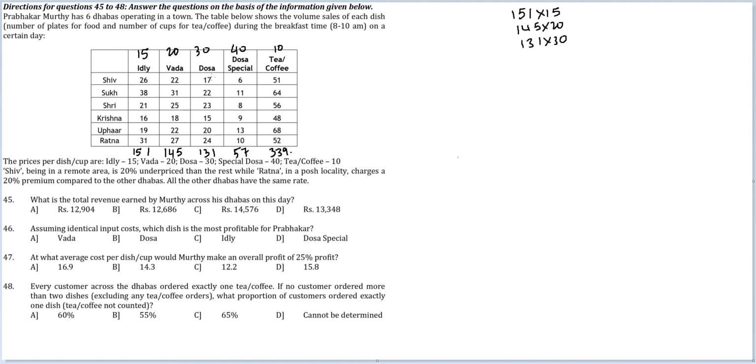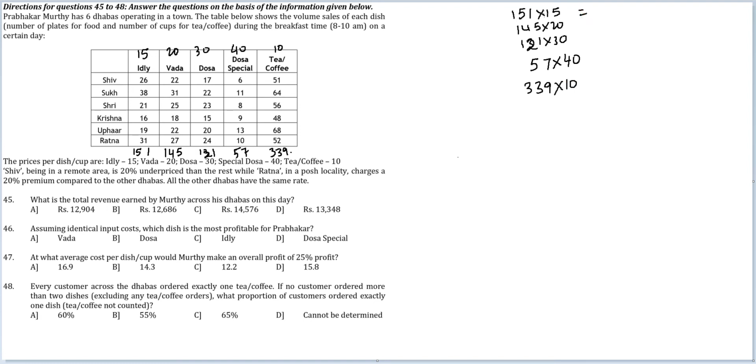Let's see. 7 plus 2, 9, 9 plus 3, 12, 12 plus 9, 1, okay, 2 carried over, 2 plus 1, 3, 3 plus 2, 5, 5 plus 2, 7, 7 plus 1, 8, 8 plus 4, yes, this should be 121, not 131, 121. Okay, then let's add up 57 into 40. And finally 339 into 10.